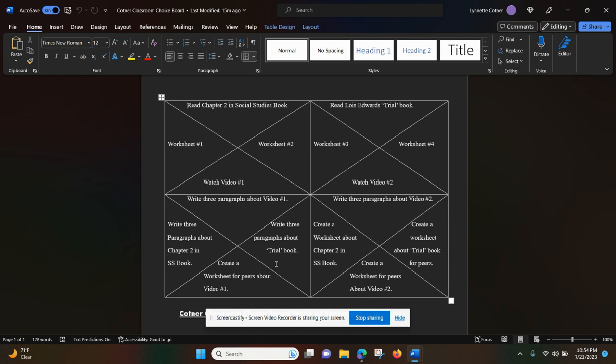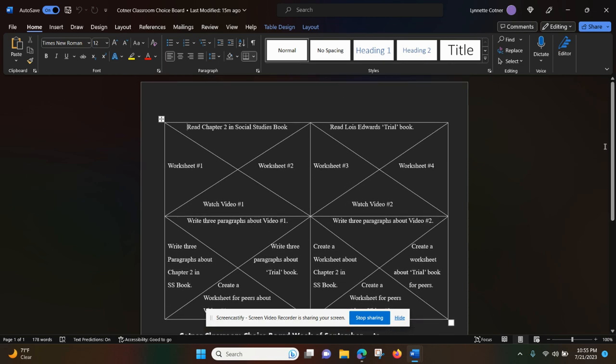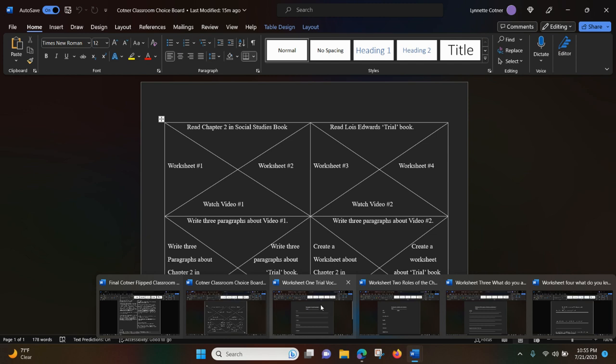And then for those students that may be a little slower, they only have to do the things that it specifies in the directions. So if they don't do more than that, it is perfectly fine. They do not have to. As long as they do the required assignments, then they are fine, and they will be enriched satisfactorily, that they will be able to participate in the classroom discussions, and they will have fun and learn a lot with the mock trial.